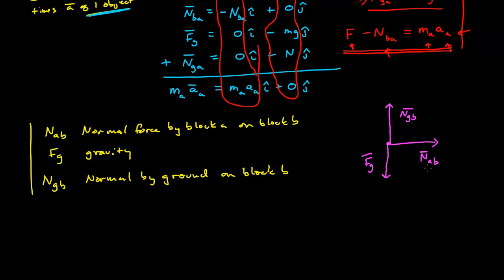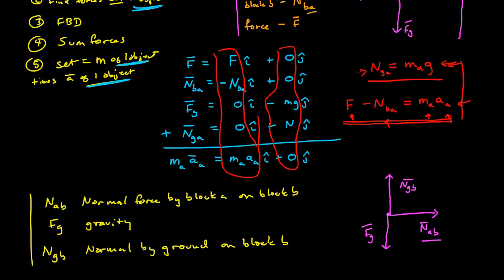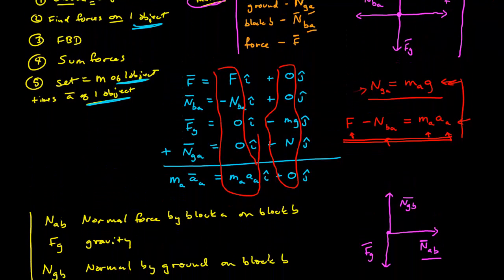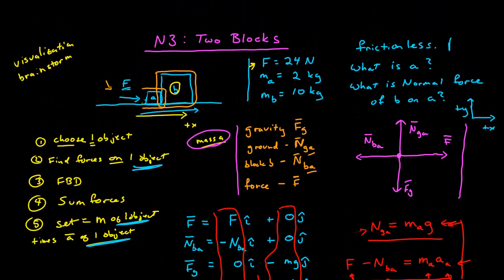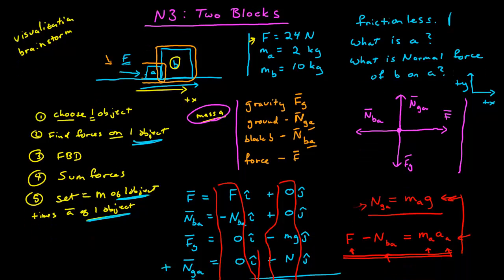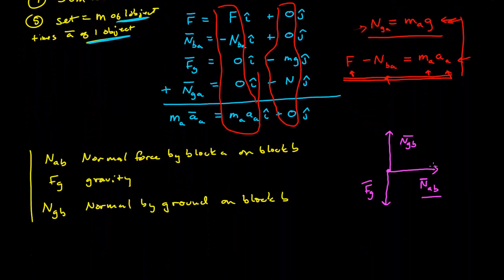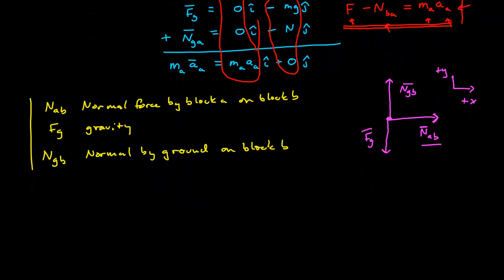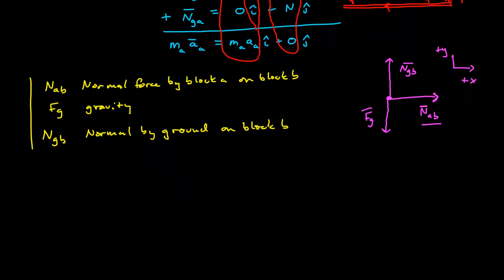So we have the normal force of A on B. Remember, now that my object is mass B, the agent is mass A, and the agent exerts a normal force perpendicular to the surface. So that points now here in the positive x direction. And then the normal force of the ground on B and the force due to gravity act in a similar way.